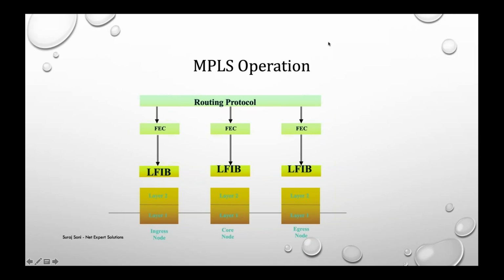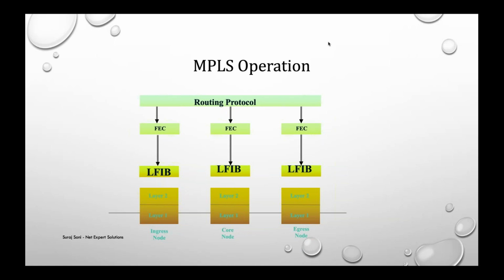Using the FEC and the labels distributed by the label distribution protocol, both are combined to create a forwarding table called LFIB, the label forwarding information base table. This table is used by the MPLS packet to get forwarded.